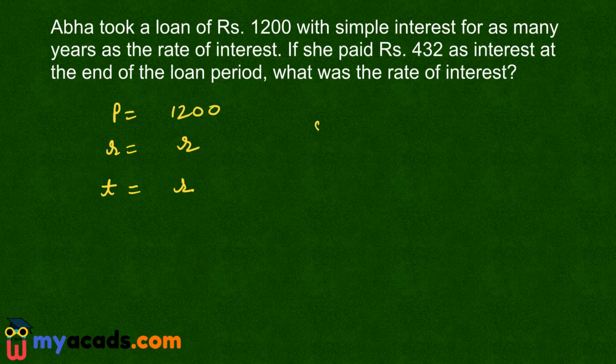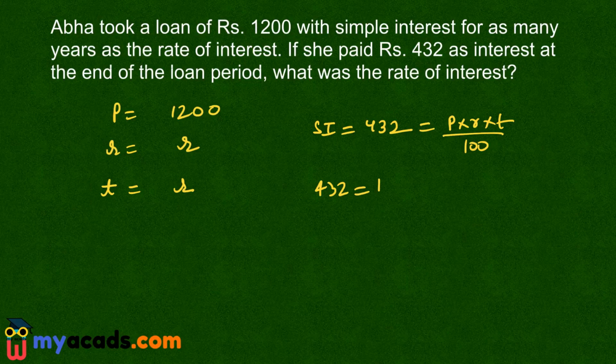So the simple interest that she has paid is 432. Now the formula of simple interest is principal into rate into time upon 100. So 432, the principal is 1200, rate of interest is R% per annum, time period is R years upon 100.